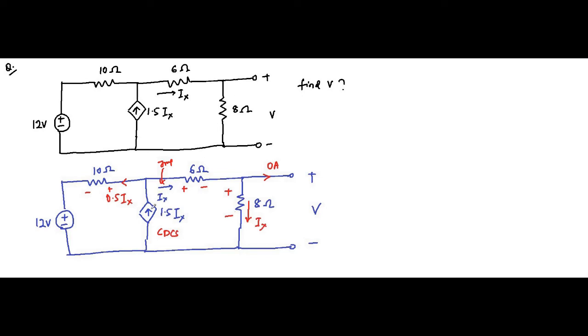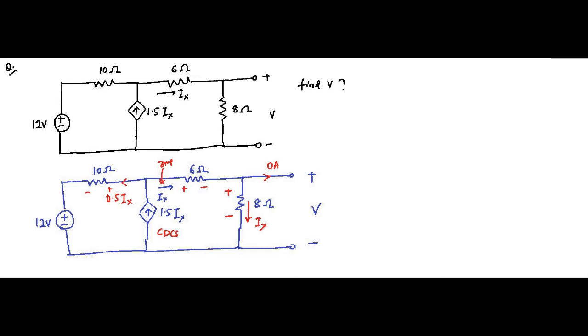Another interesting thing is these two loops, closed loops, they are separated. In between them we have this dependent current source. So we know that when two closed loops or meshes have a current source in between, then it is a super mesh.